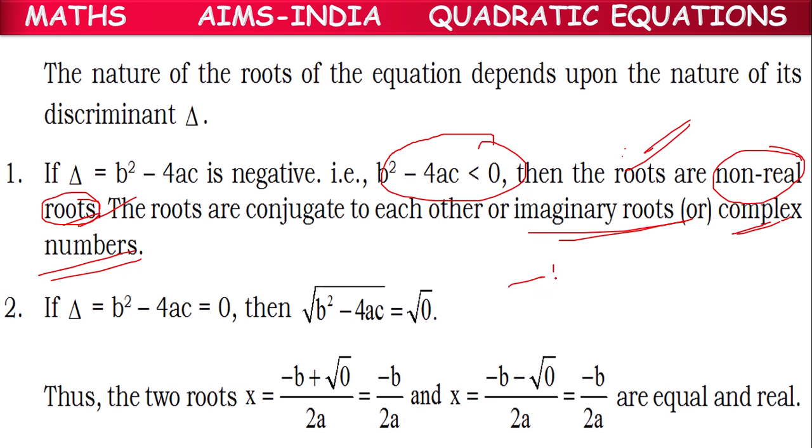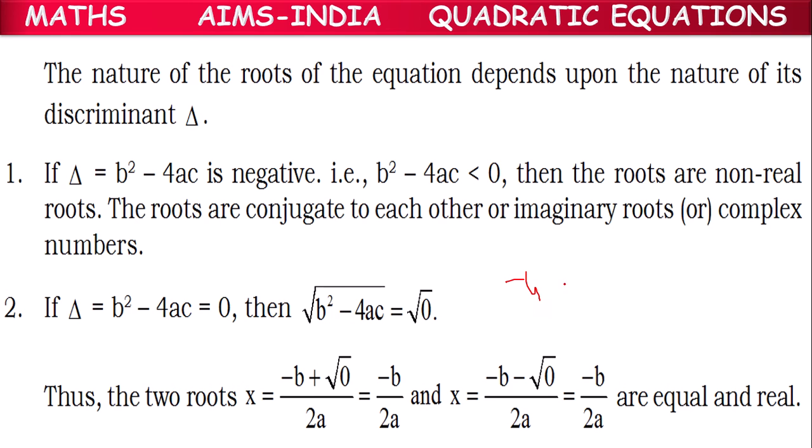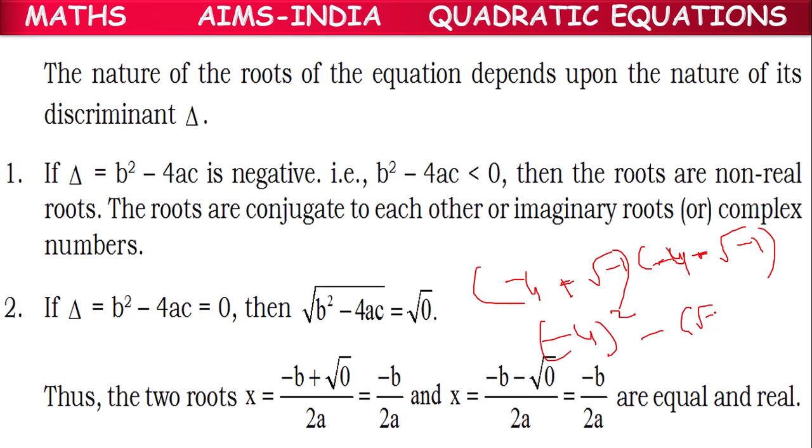Suppose like this, one value is minus 4 plus root of minus 1, another value is minus 4 minus root of minus 1. If you multiply both, minus 4 plus root of minus 1 into minus 4 minus root of minus 1, this is in the form of a plus b, a minus b, which is equal to a square minus b square.